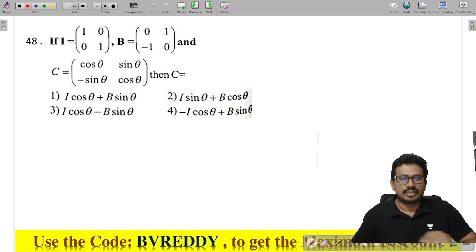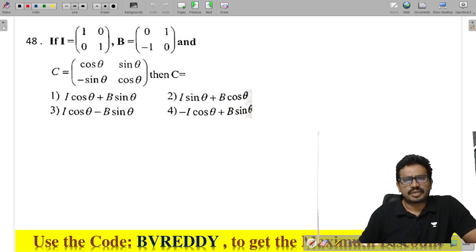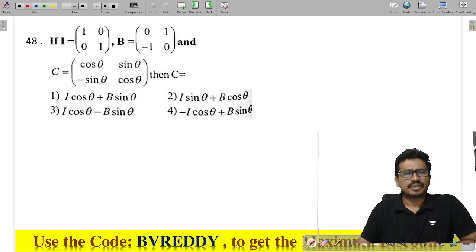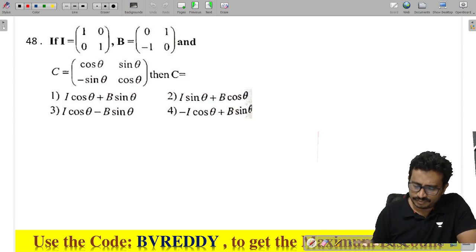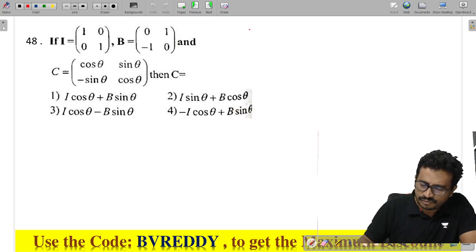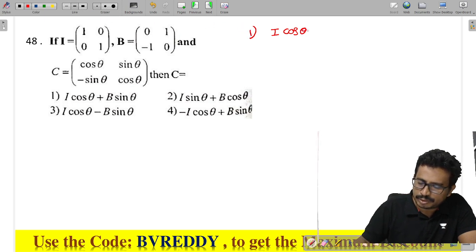Next, they have given the I matrix and some B matrix, and they have given some C, and they are asking how we can express C. Let us do verification from the options. If you take option 1, they have given this form: I into cos theta plus B into sin theta.